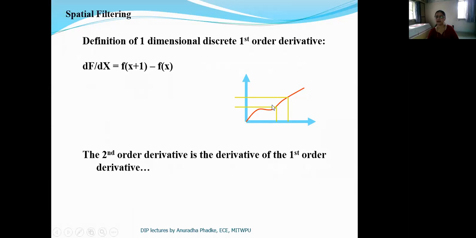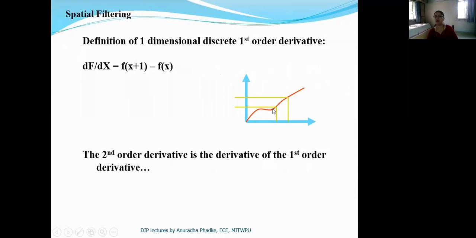Now how can we determine the differentiation of this signal f? In this case, this function f, say on the y-axis, is a function of only one variable, that is x. So we can denote it as f(x).